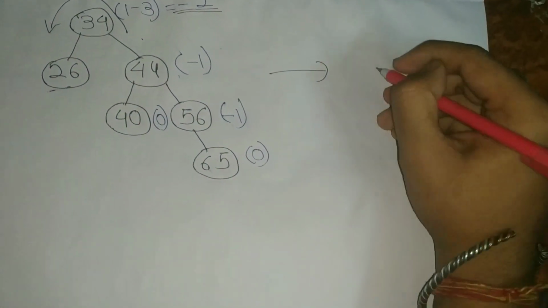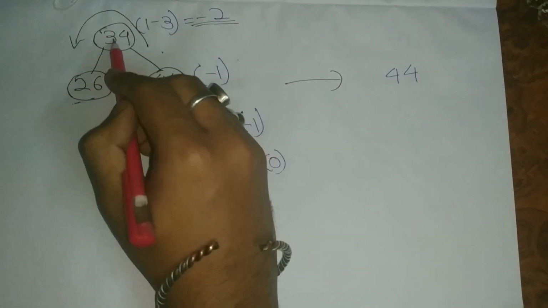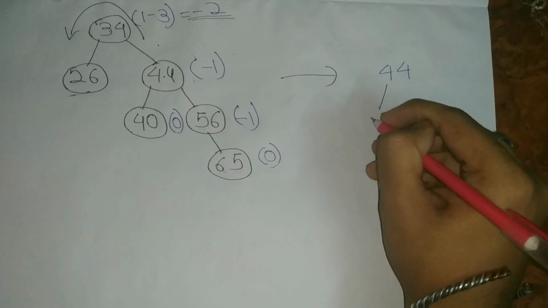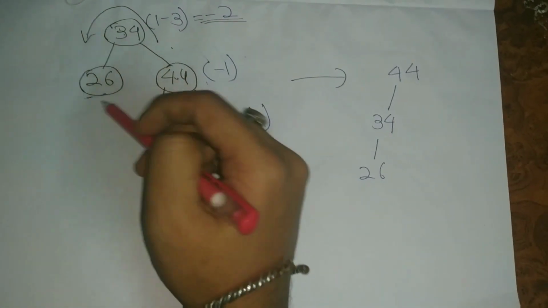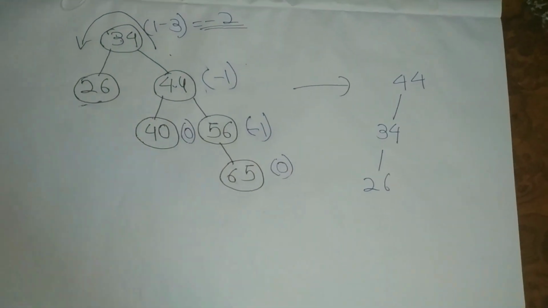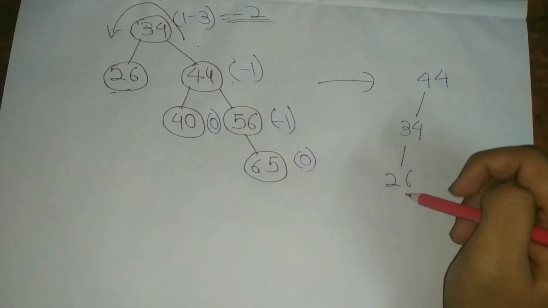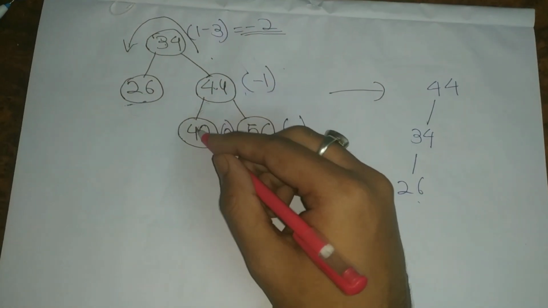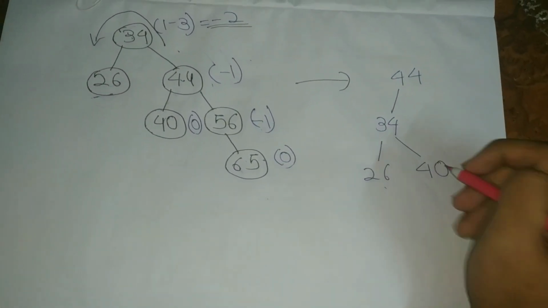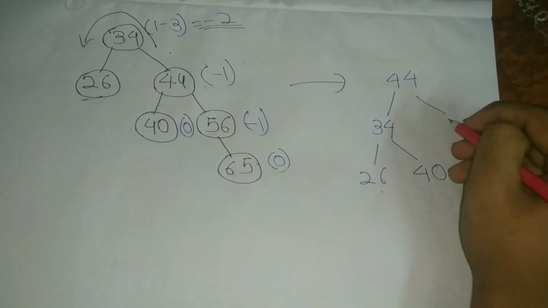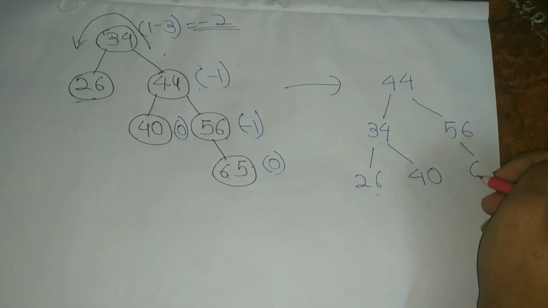So see what will happen. 44 will be shifted here, so it will become 34, and 26, 44 will be shifted, and these 2 nodes will come in the left subtree portion. So 34, 26, and 40 will also be in the left subtree portion. Here we add 40, and 56 and 65 will come in the right subtree portion.